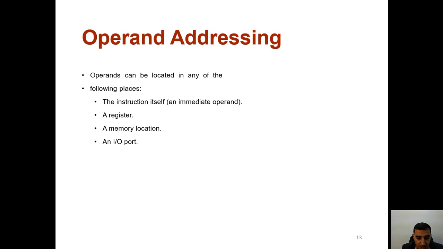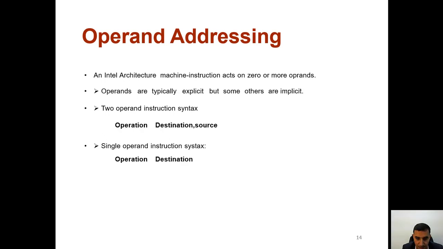Now, operands can be located in any of the following places: the instruction itself, a register, a memory location, or an input-output port, depending on the addressing mode. An Intel machine instruction acts on 0 or more operands. So we have instructions with 2 operands, instructions with 3 operands, and instructions with 1 operand.